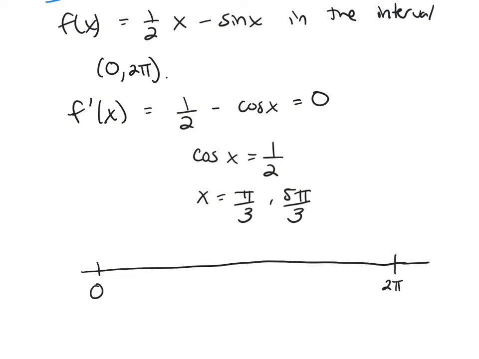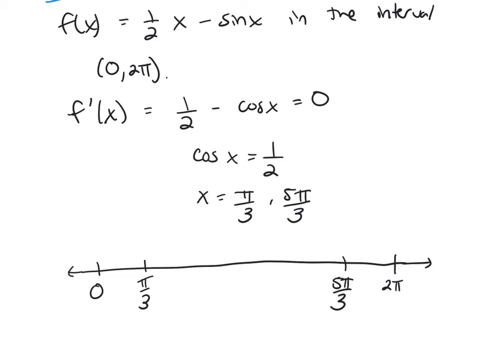That's my interval I'm looking at, and I'm going to put pi over 3 on here and 5 pi over 3. And if you look, you're going to have 3 subintervals here. 1, 2, and 3. So you need to pick a test point in each one of those.